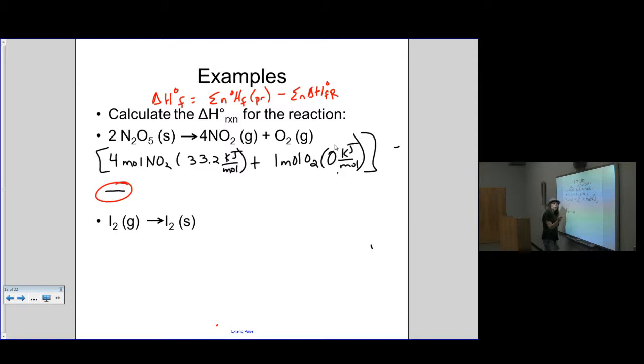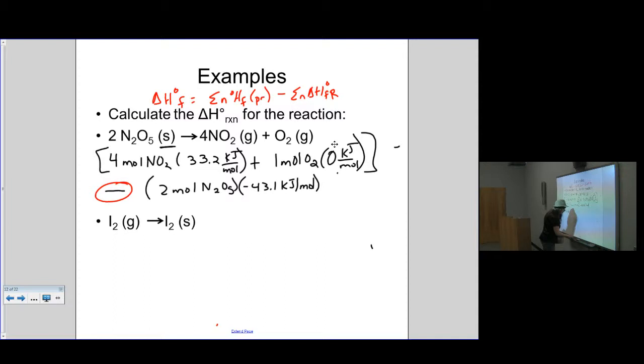When you look in the table, you'll see there's a dinitrogen pentoxide value for a solid and a dinitrogen pentoxide value for a gas. In this particular case, we're interested in the solid. So in this case, we'll take 2 moles of dinitrogen pentoxide times its value in the book, which is negative 43.1 kilojoules per mole. And if I had more reactants, I'd add those in, but there's just one here.